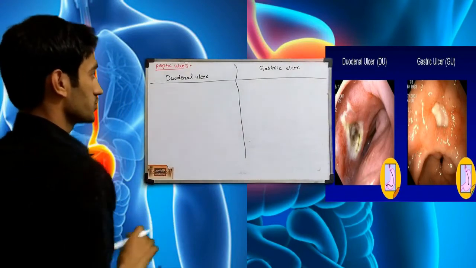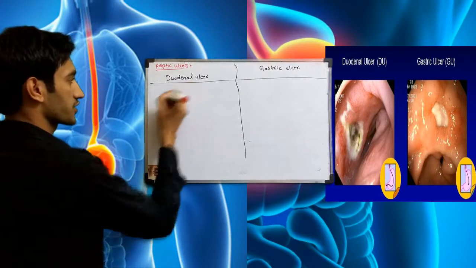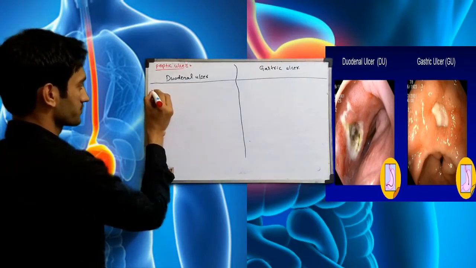So the difference between duodenal ulcer and gastric ulcer.